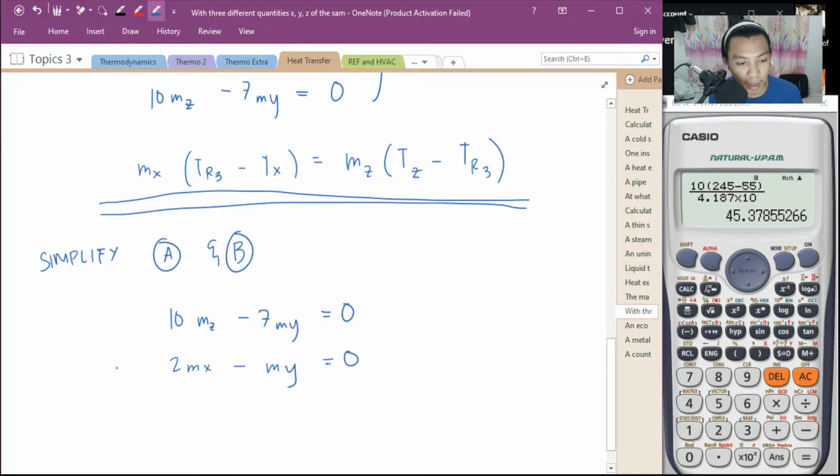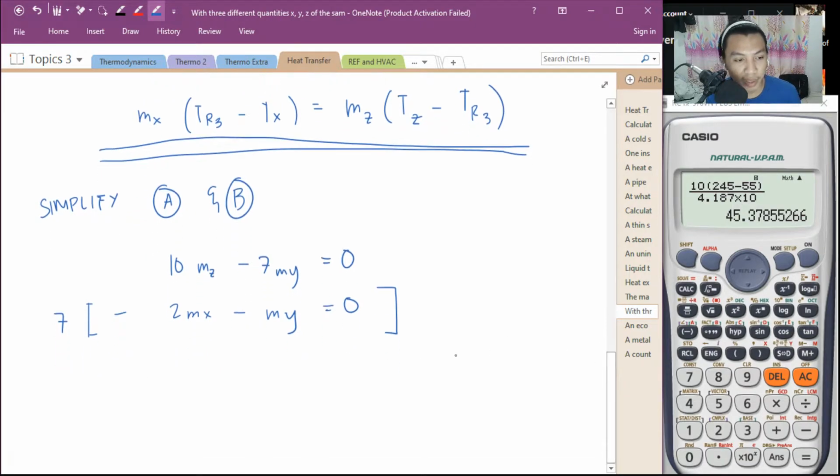So, dapat ima-minus natin. Kaya lang, itong baba, i-multiply mo na lang ito ng 7. Or simply, multiply mo na negative 7 para maging plus. Okay? Pwede na yan. Plus 7.